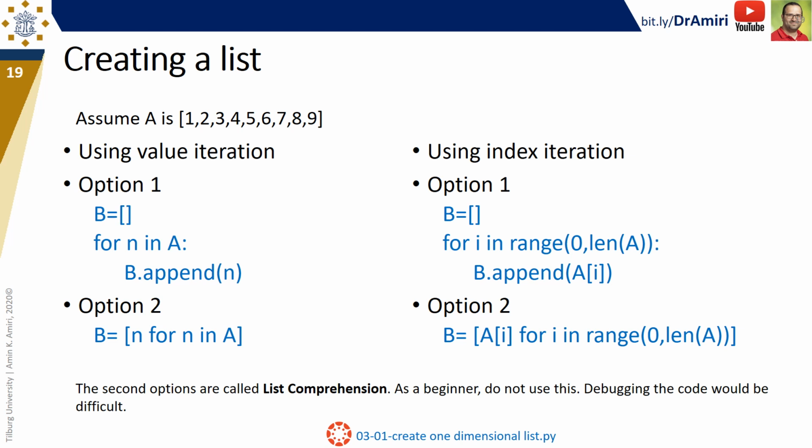Option 2, you can see that I simply wrote down n for n in A, and I put this statement in a bracket. This command exactly creates the same B, another copy of A.